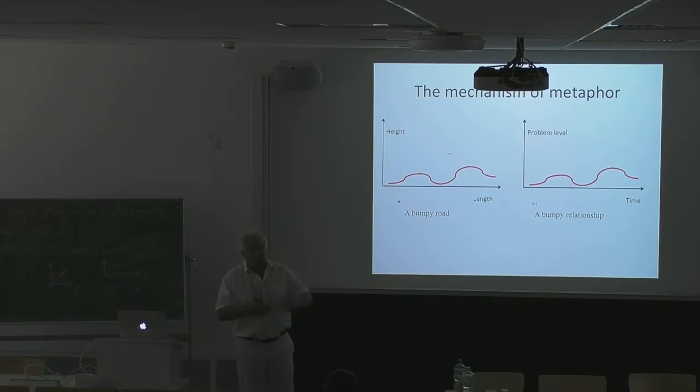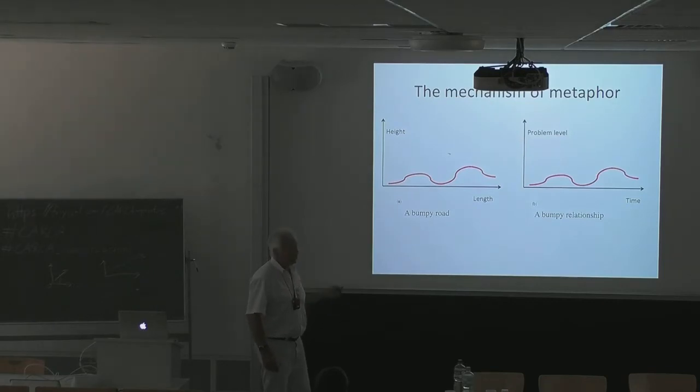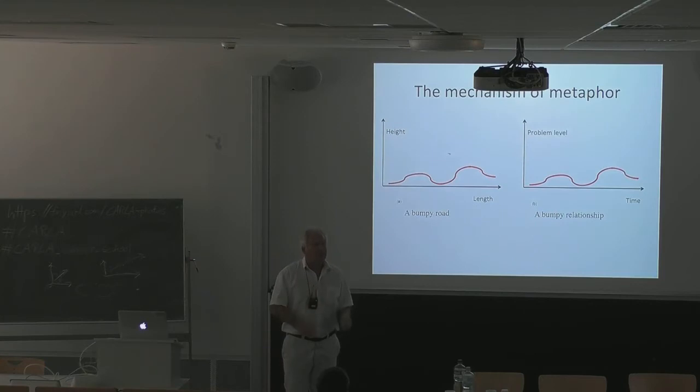We have this kind of spatial understanding of time. So this mapping is very common, time onto length. And then we have what Lakoff and Johnson call the more is up mapping when it comes to problem level. We map happiness or problems onto the vertical level. More problems means higher, and fewer problems means lower.